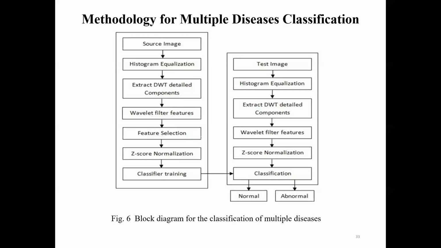Then we will go for feature selection, and there is a step called Z-score normalization, and there is classifier training, and that generally makes the classification of normal and abnormal. In the classification, the classifier is built with a supervised learning method.